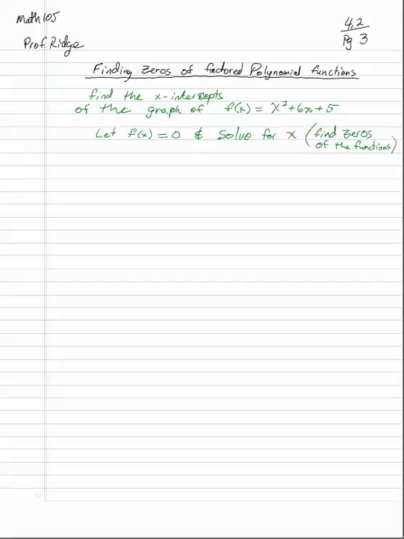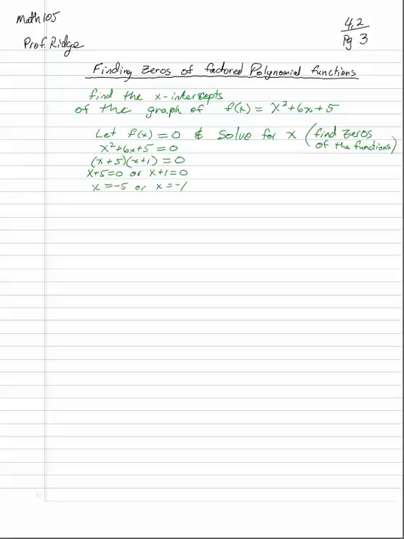Okay, so we're going to take the function f of x, which is x squared plus 6x plus 5, set it equal to 0, and solve it. And if you recall, for this we're going to factor, looking for two numbers that multiply to 5 and add to 6. So x plus 5 equals 0, or x plus 1 equals 0, so x equals negative 5, or x equals negative 1.